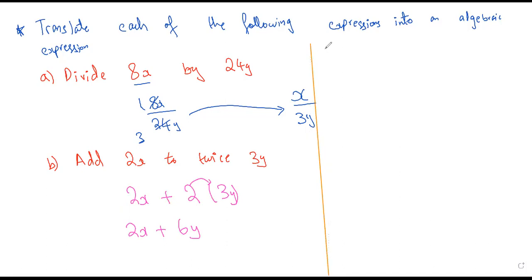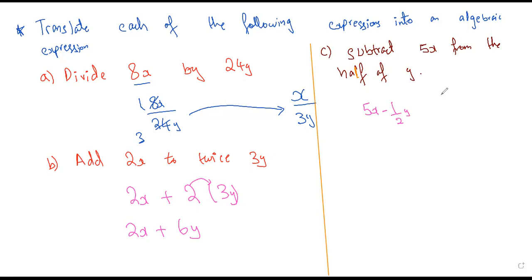Let's talk about some more examples. Let's say this time the question is: subtract 5x from the half of y. Now, what would be the algebraic expression equivalent to this statement? Any idea? 5x minus 1 by 2y. Okay, so you are saying it would be 5x minus 1 by 2y. But what is the statement? The statement is 1 by 2y minus 5x.